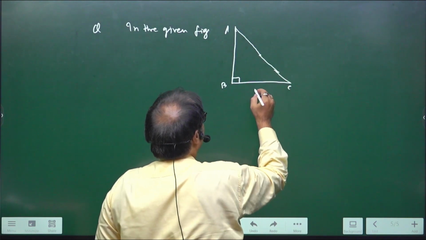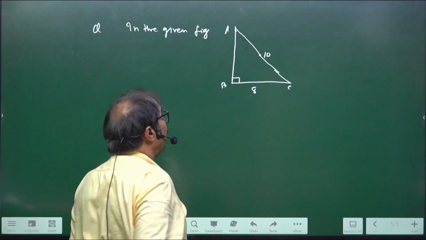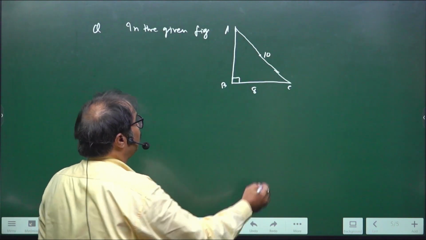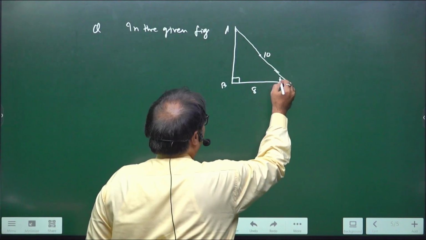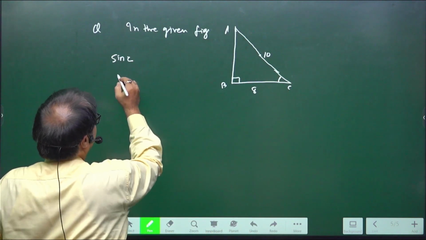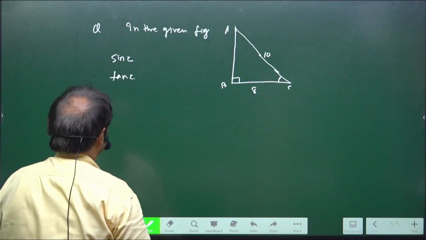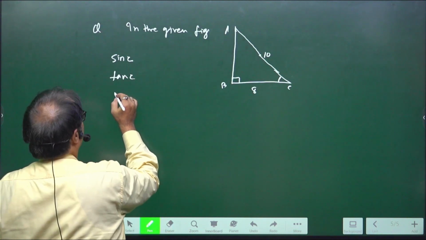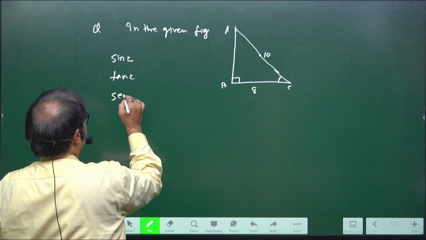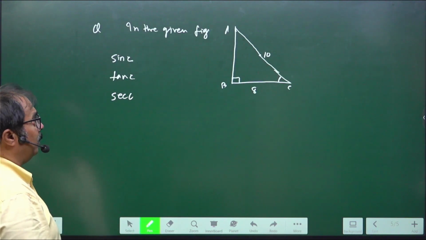Suppose this is given 8 and this is given 10, and the question says find the value of sin C, tan C and secant C. These three values we have to find as per angle C, right?